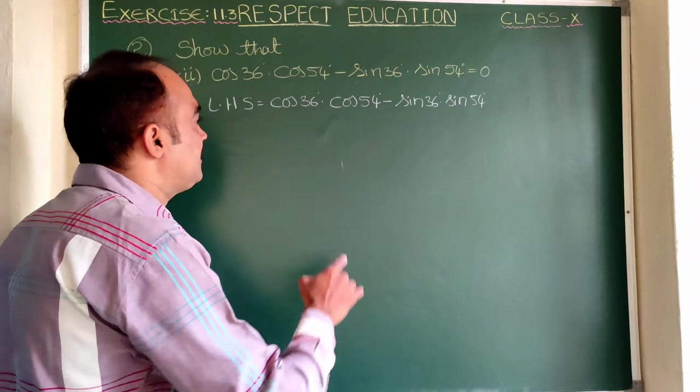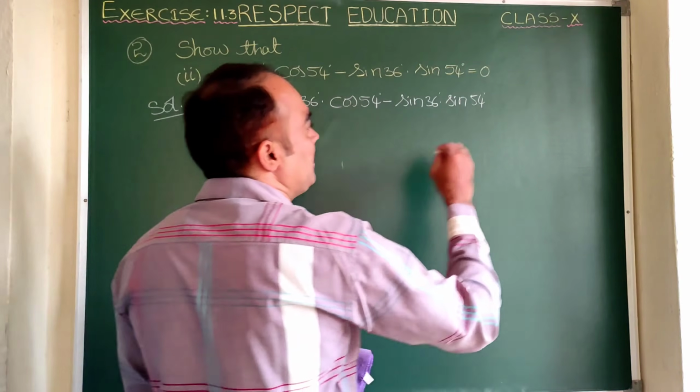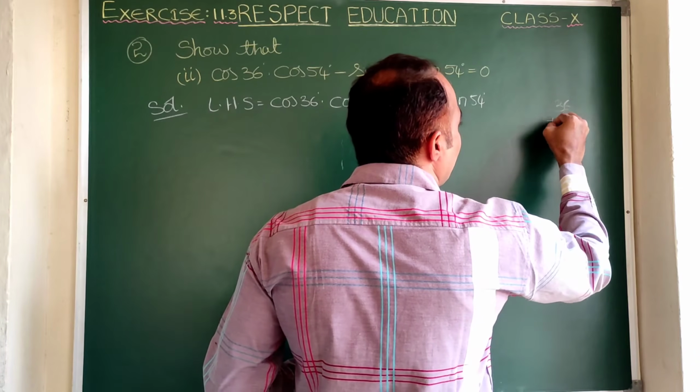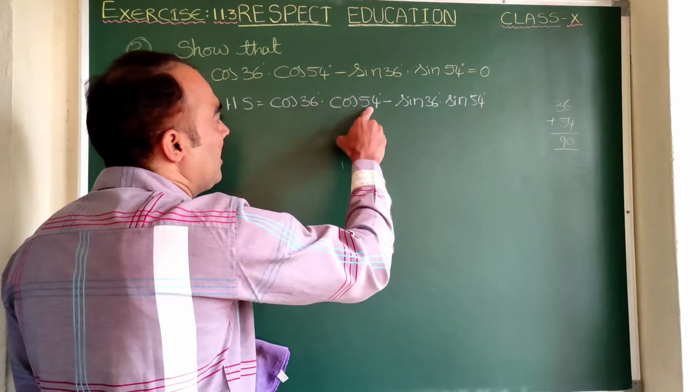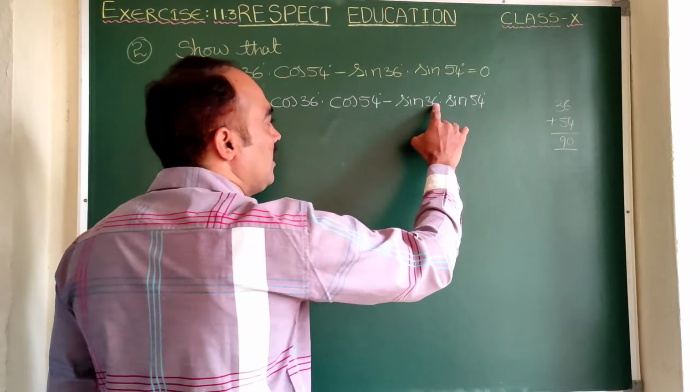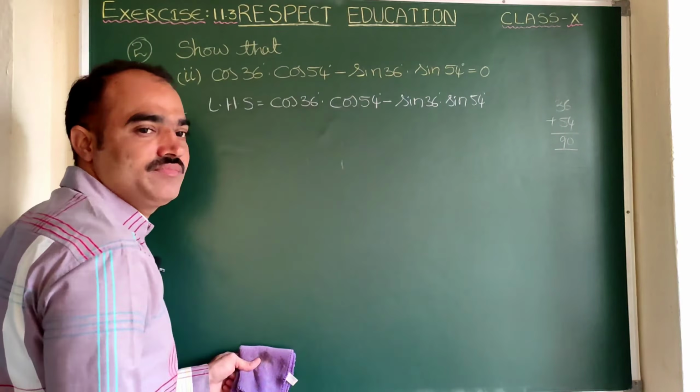Now again check properly, 36 plus 54 is 90 degrees. That means these two angles are complementary. These two angles are also complementary because they are the same angles.